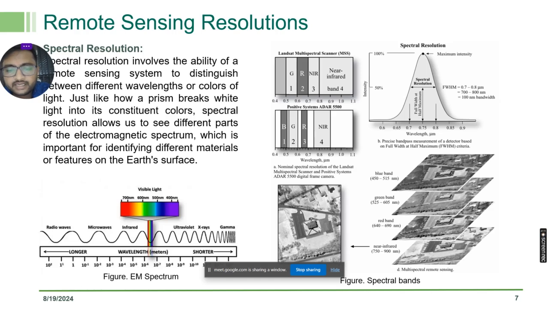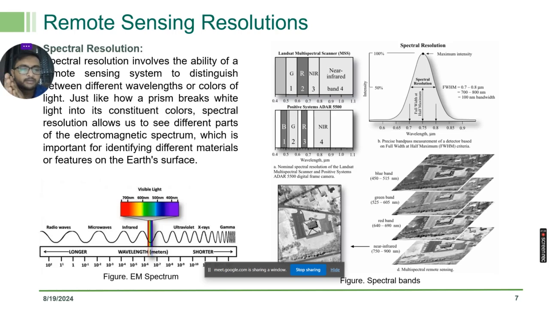Whenever we want to detect something, first we keep the particular object in a laboratory under a spectroradiometer, and then we measure how the object responds to different wavelengths. If we keep a leaf, it will reflect more in the green color compared to blue and red, so we can say it has more reflectance in the green window.